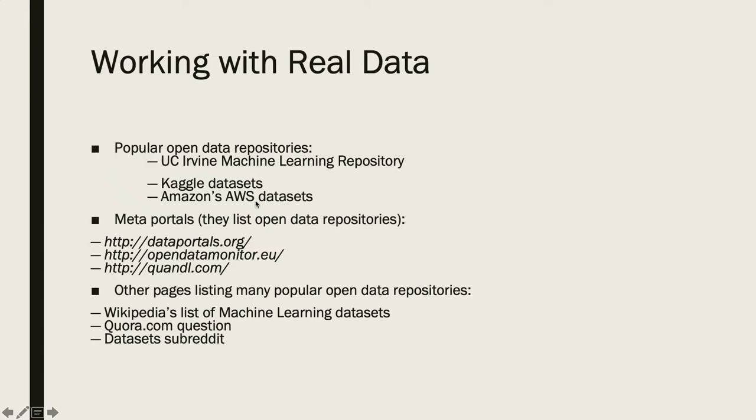You can also have access to Kaggle datasets, Amazon's AWS datasets, and then, number two, you can get data from meta portals, for example dataportals.org, opendatamonitor.eu, Quandl.com, and some others listing many popular open data repositories, like that of Wikipedia's, the Quora.com question, and the datasets subreddit.